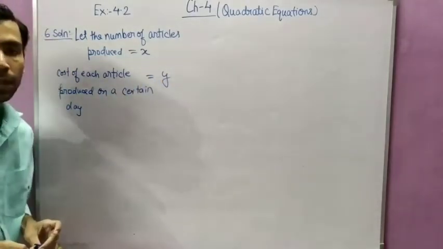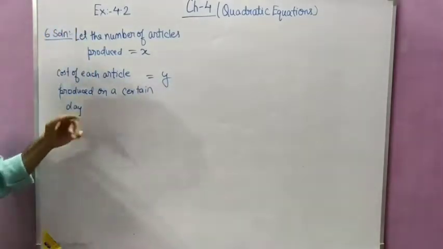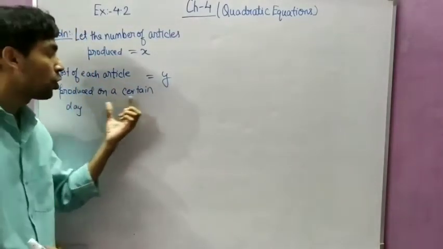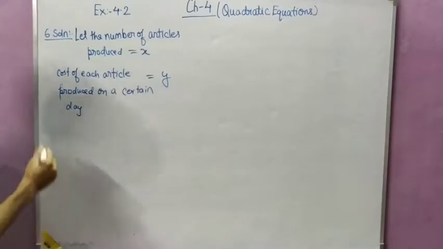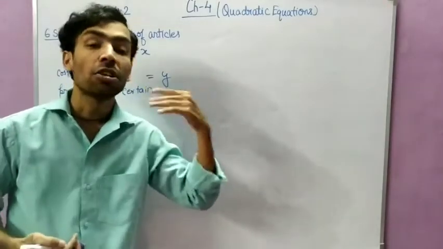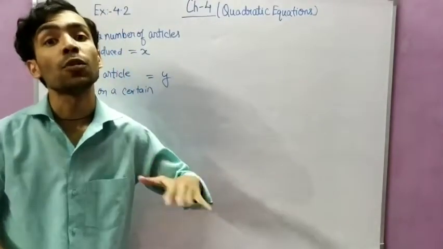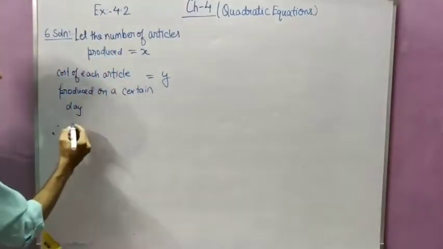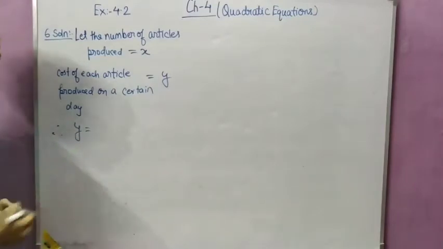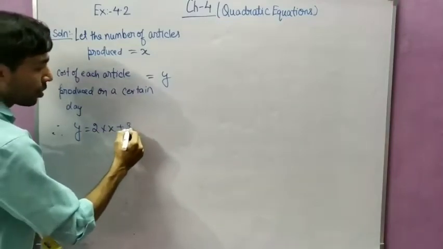Suppose x number of articles are produced and the cost of each article produced on a certain day is y. Now according to the question, the cost of each article is 3 more than twice the number of articles produced on a day. It means y is equal to 2 times x plus 3.